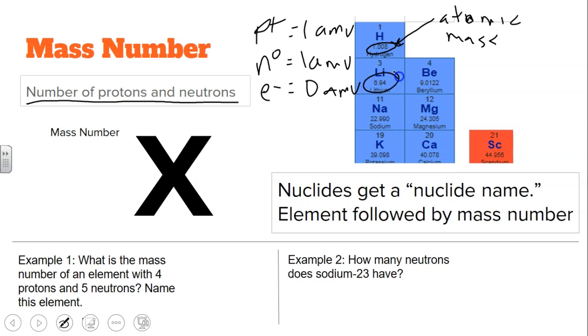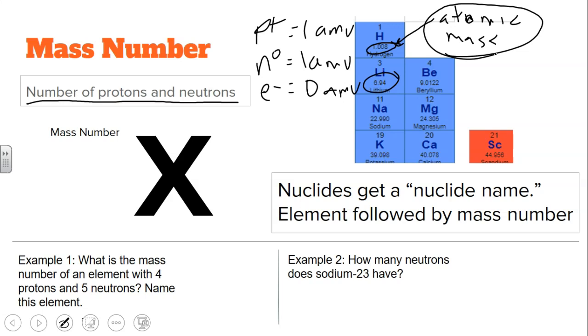There's no such thing as 0.94 of a neutron or a proton. So the number that's being reported here on the periodic table is an atomic mass, and a periodic table will almost never report a mass number. We will have to actually figure out the mass number by doing some math.